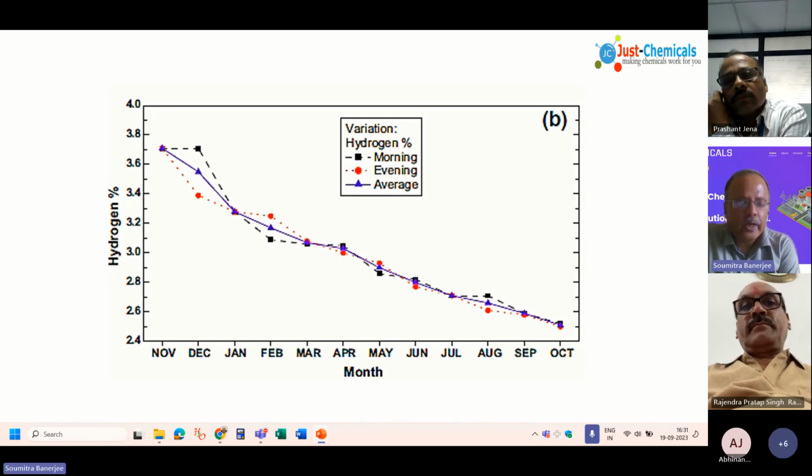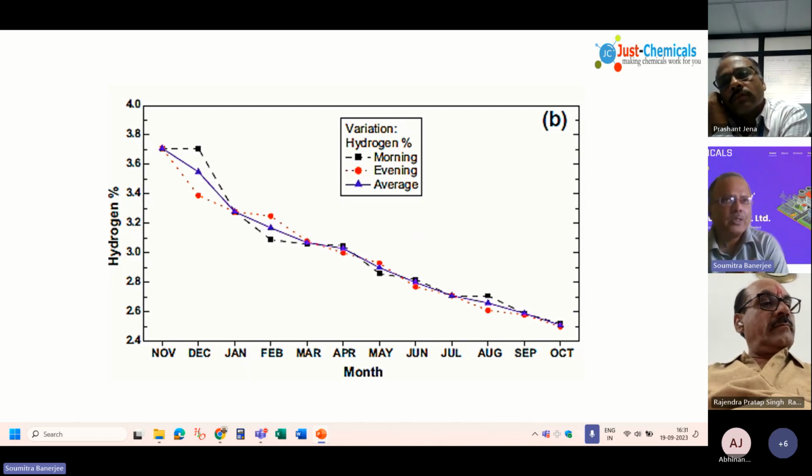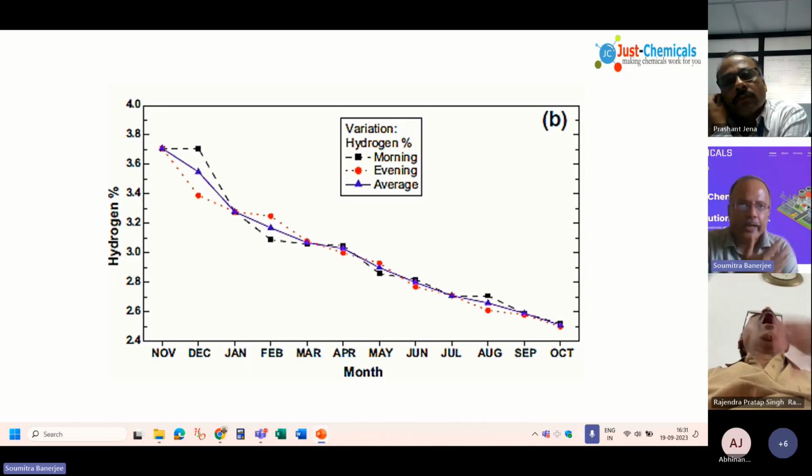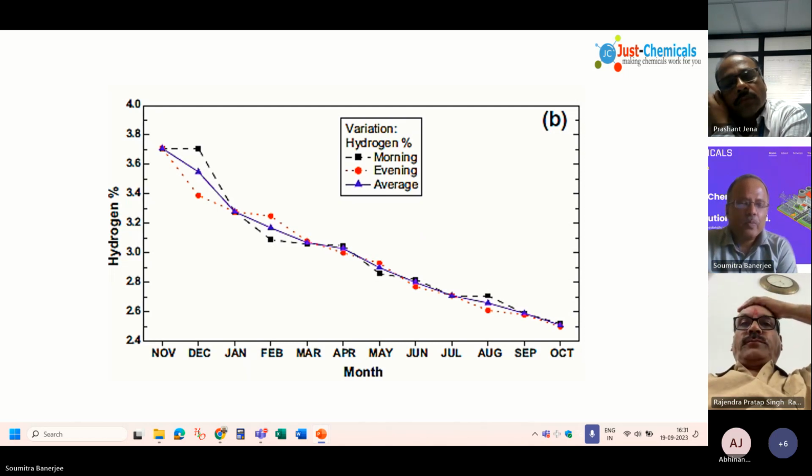Hydrogen is significant. As I've shown you, 900 kilocalories was what I was getting, minus 147, which I removed through the latent heat of evaporation. Still, my loss of hydrogen will give me a loss in GCV.